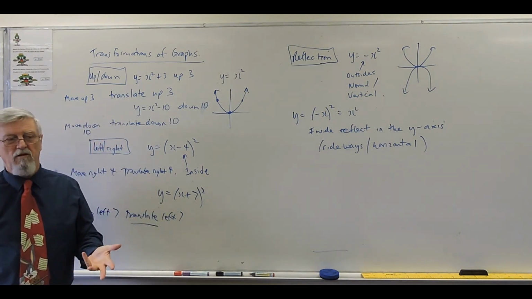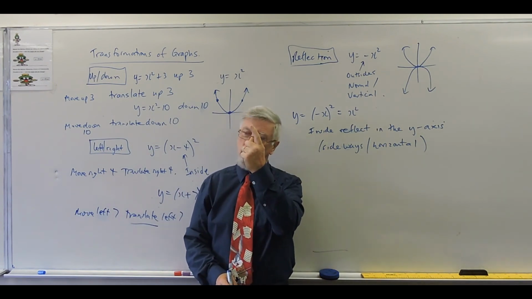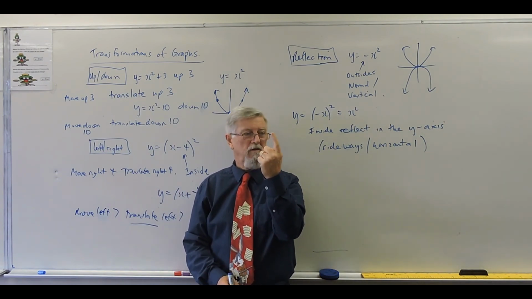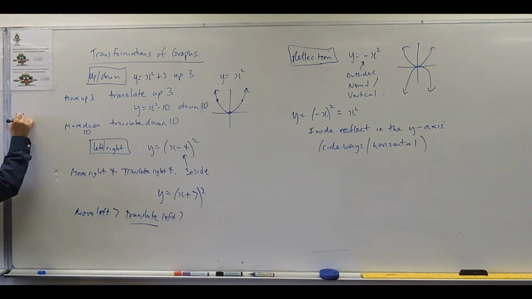It's almost like you need an overriding rule to everything. How many rules do you need though? The fewer rules the better. One rule: outsides have a vertical effect. So in learning that rule, have we learnt the other one?